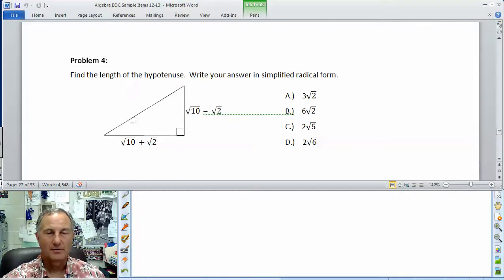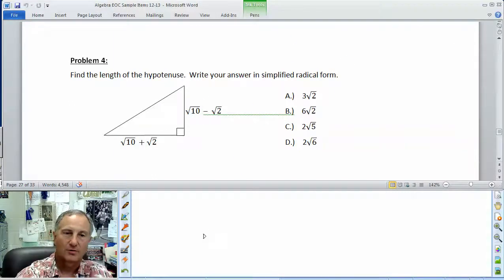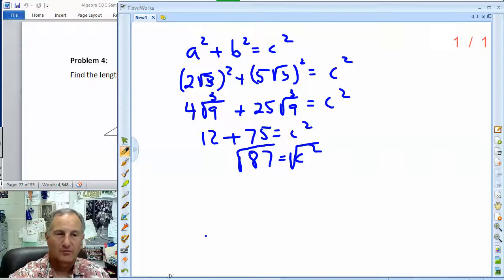Same deal here. Find the length of the hypotenuse, another right triangle. Now the leg is square root of 10 minus square root of 2, and the other leg is square root of 10 plus the square root of 2. Square them both and add them up. Okay. So let's come over here. We're going to use the same formula. Pythagorean theorem is the Pythagorean theorem.